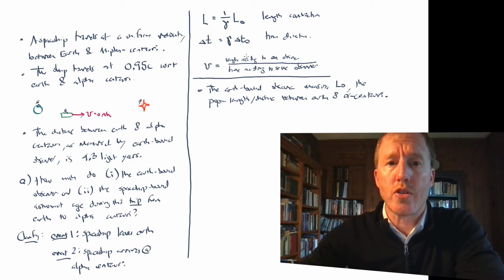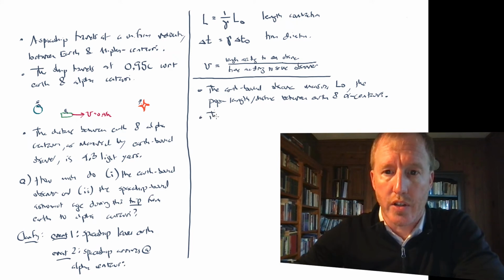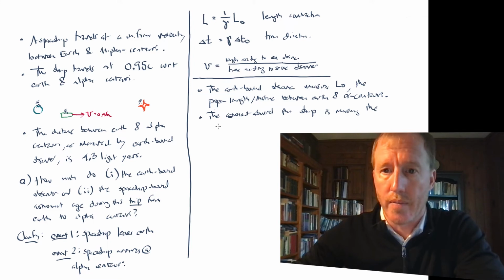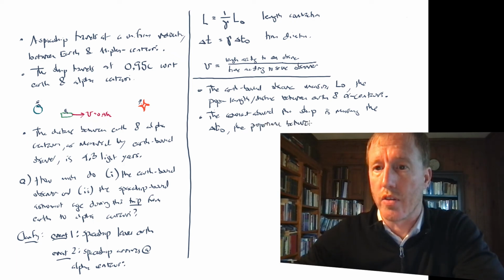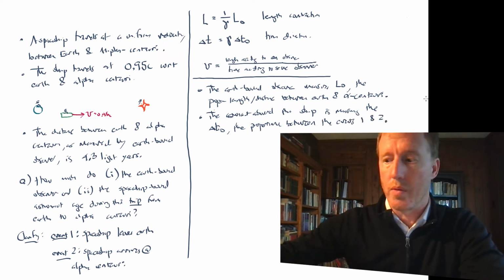What about who is measuring the proper time between these two events? So notice that the astronaut aboard the ship is measuring the proper time, delta t naught, between the events that define the trip, the events 1 and 2. How do we know that? Well, think about this for a moment. What are the two events?